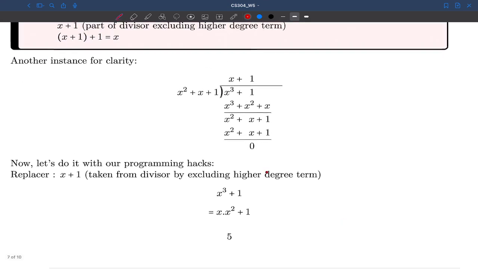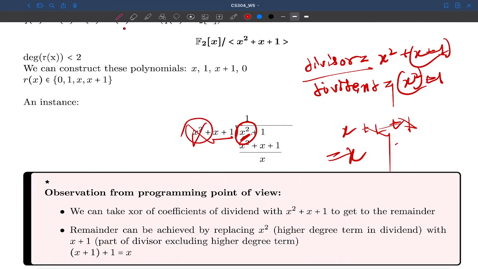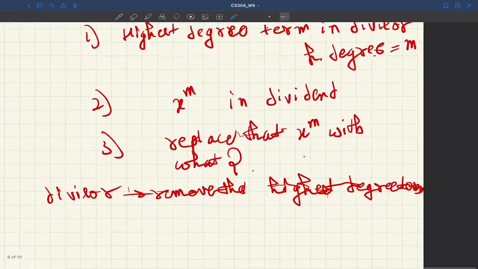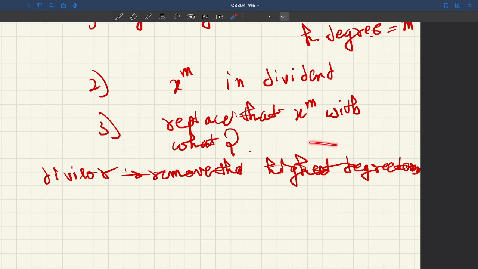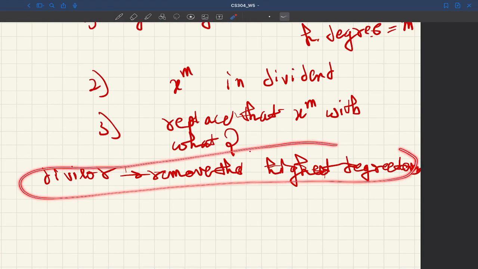So here in my divisor I have x square. If I remove this x square, what will I get? x plus 1. So replace this term with x raised to power m.